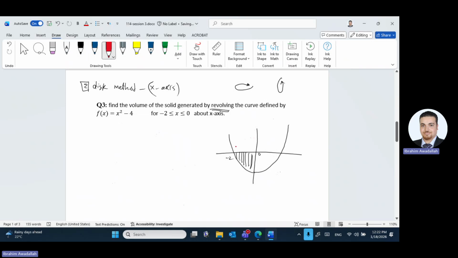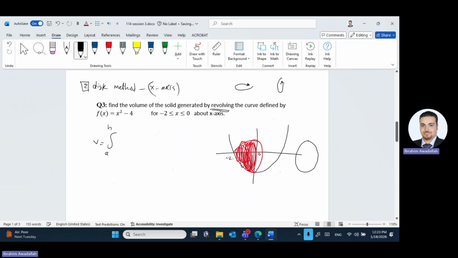Revolving about the x-axis, that means this point will revolve about the x-axis, this point will revolve about the x-axis. So my graph is revolving here, all of it about the x-axis. So the volume equals what? Since we are revolving, the shape will be a circle.